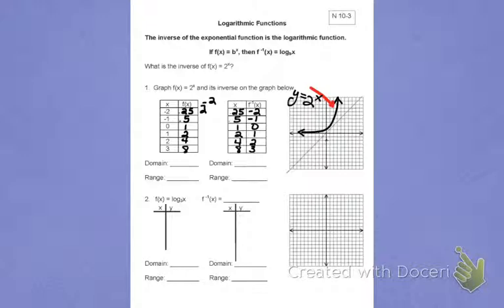At a half, we're at negative 1. At 1, we're at 0. At 2, 1. And at 4, 2. And at 8, 3.